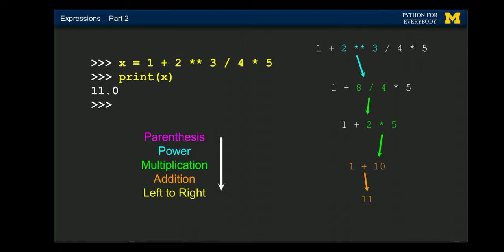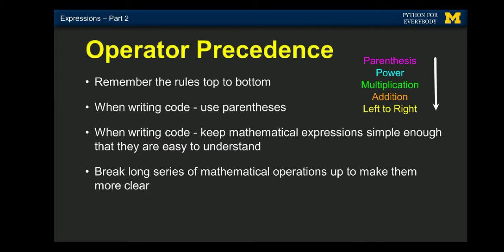Here slash and the multiplication sign are on equal footing, so we are going to execute from left to right. First 8 divided by 4, which gives us 2, and after that 2 star 5 and 1 plus 10, which is equal to 11, which we get as the output.